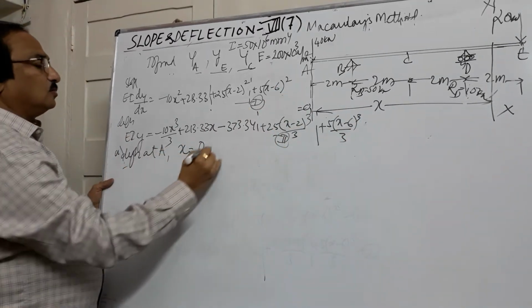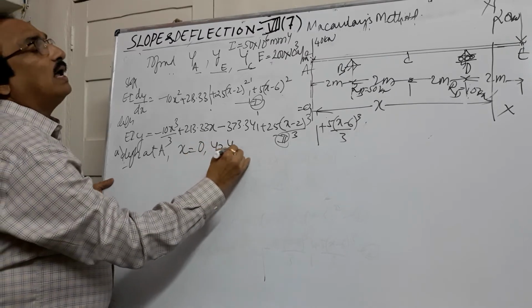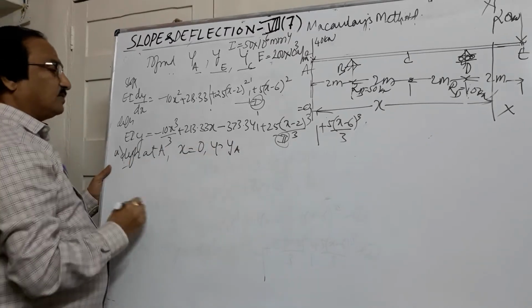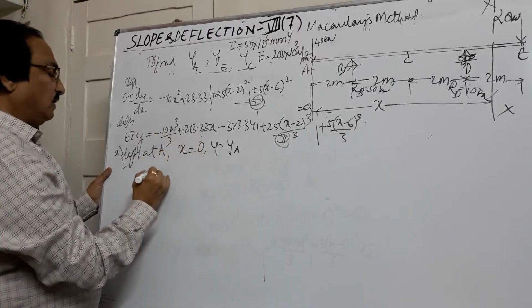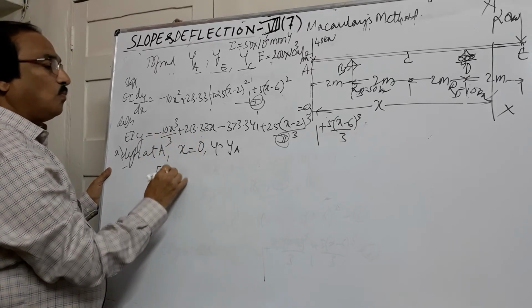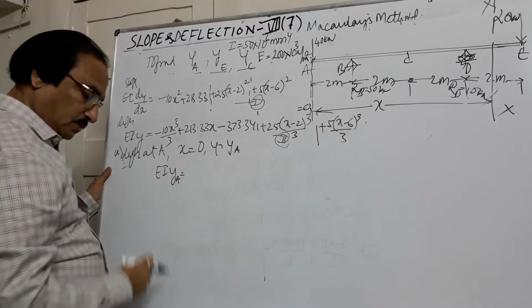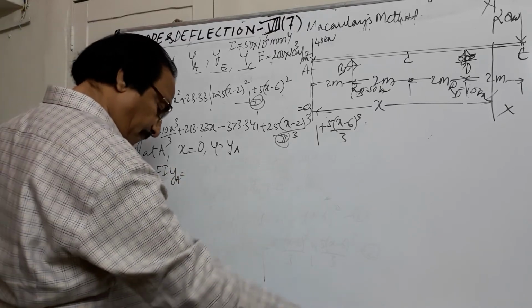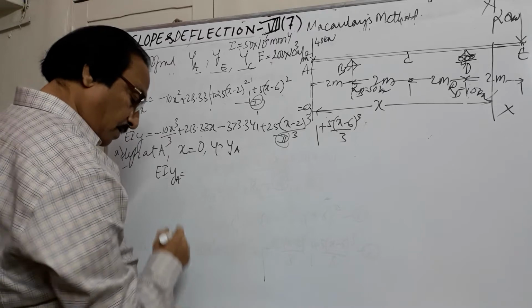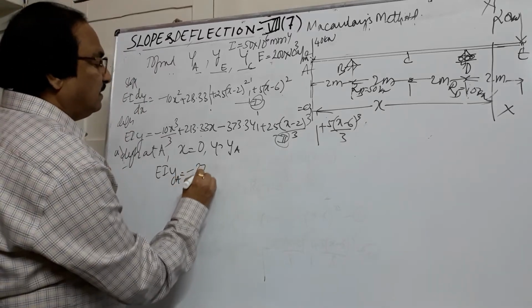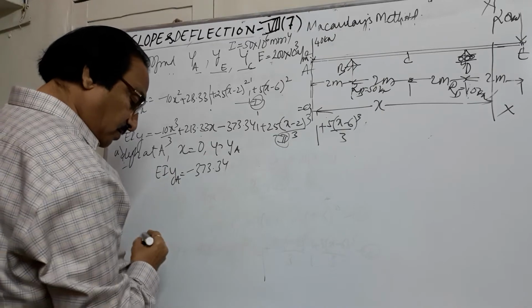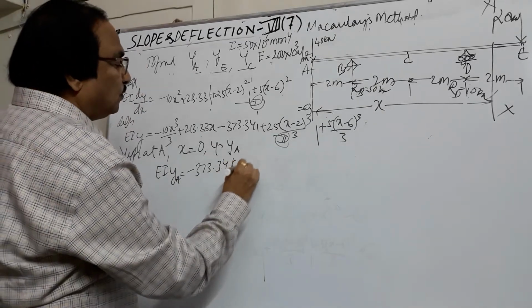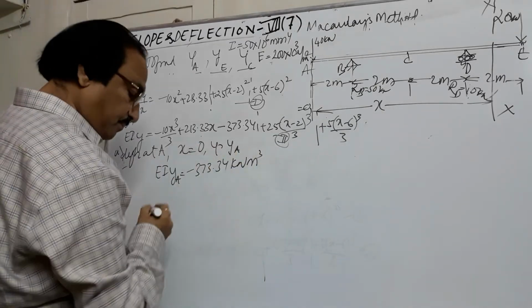When x is equal to 0, y is equal to yA. So if we simplify the value in this equation, the other terms are 0, so we are left with EI yA is equal to minus 373.34 kilonewton meter cube.